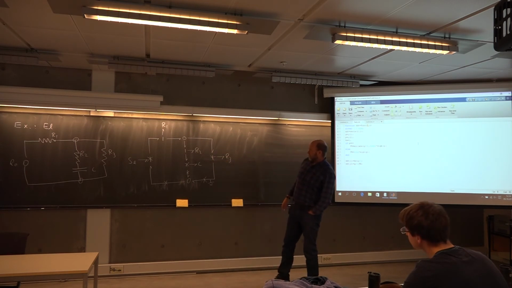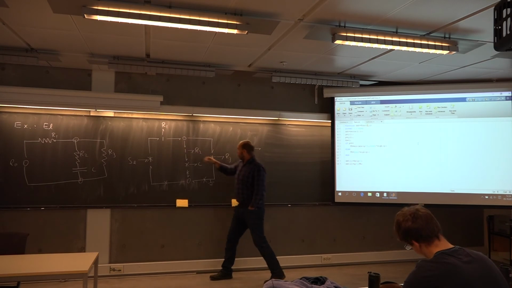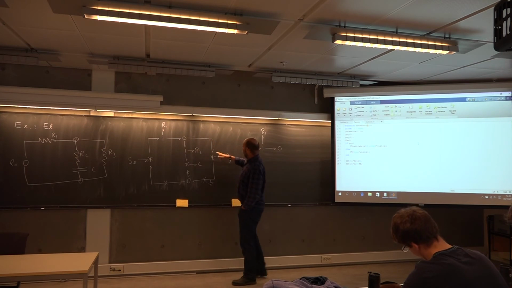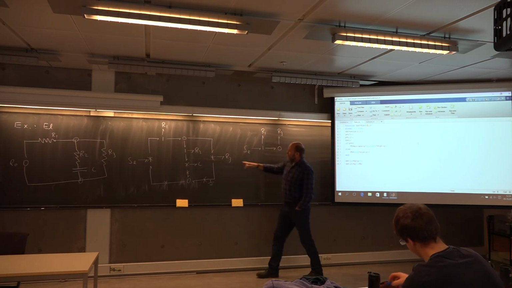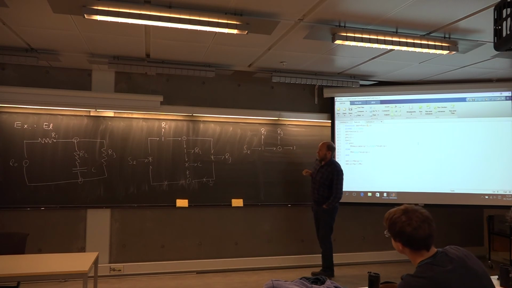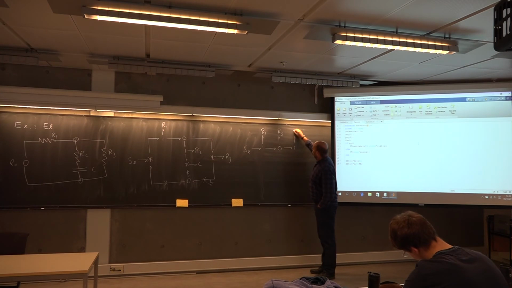Now what are we left with? Better be careful here. Let's rewrite it. Effort source hitting now a one junction with R1, continuing with a 0. From this 0 I have a 1 hitting R3 directly, then continuing to a one junction where I have an R2 and a C. R2 and the C element.